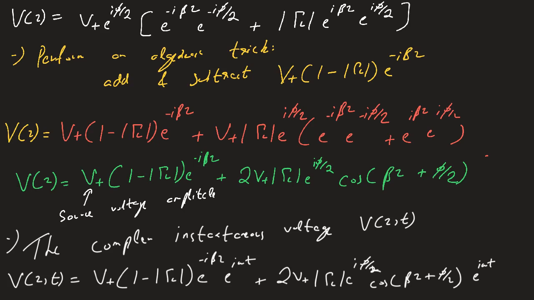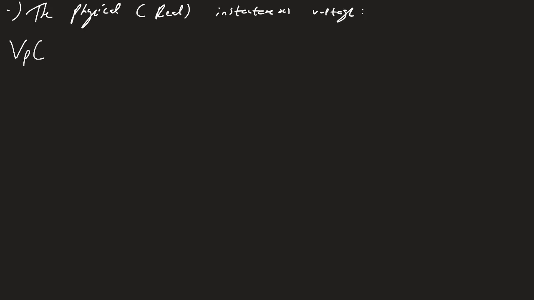And with this, if we then find the physical, meaning the real instantaneous voltage at any point in the transmission line, V physical as a function of z,t becomes equal to the real part of V complex z,t, right?